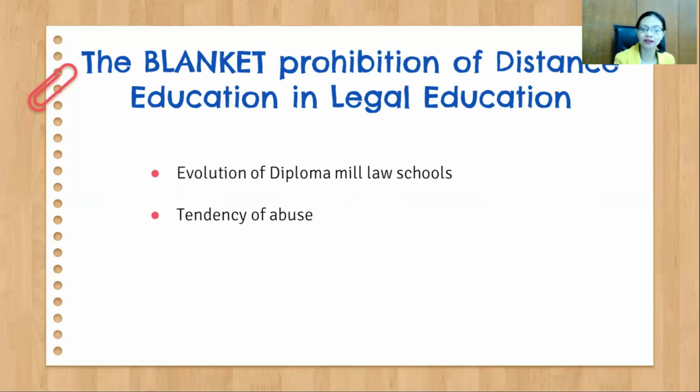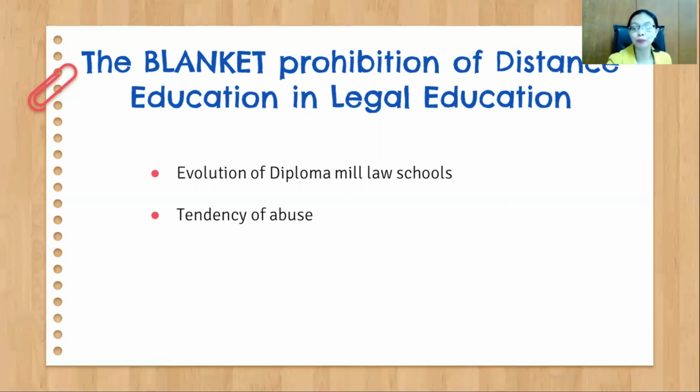The second one is the tendency of abuse. Since there is really no strict regulation on the part of the Legal Education Board, there is a tendency that distance education will be abused in law schools.